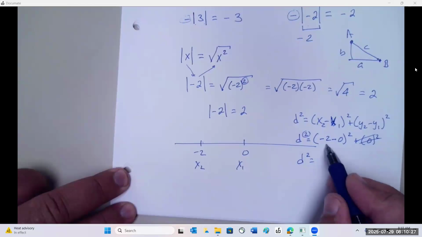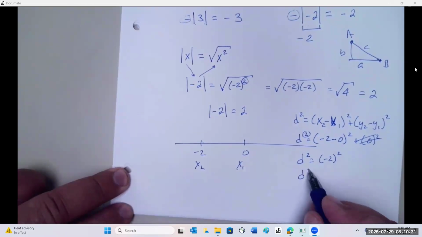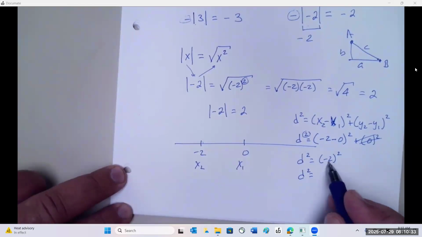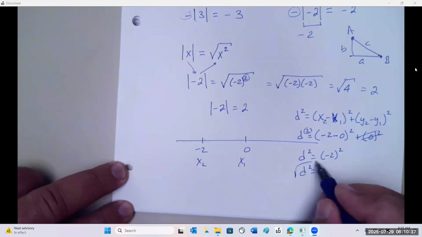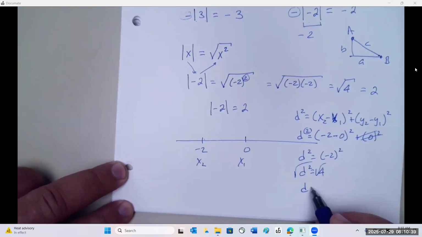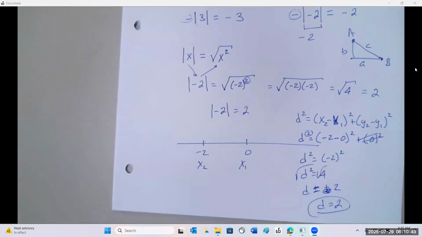So we have negative 2 minus 0 is negative 2 squared. Negative 2 squared becomes positive 4. Square root both sides. D equals plus or minus 2, but you cannot have a negative distance, so D is equal to 2. That's how it works. But so you don't have to do it all the time, we just do the shortcut. It is still the distance.